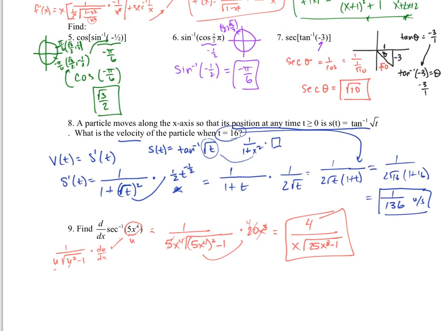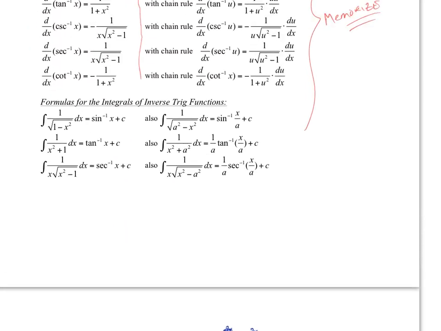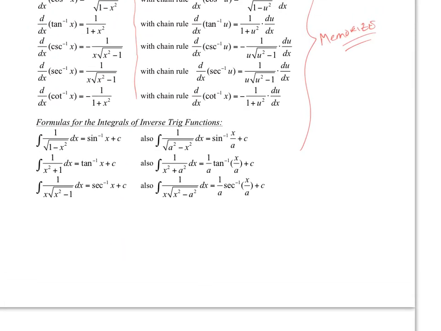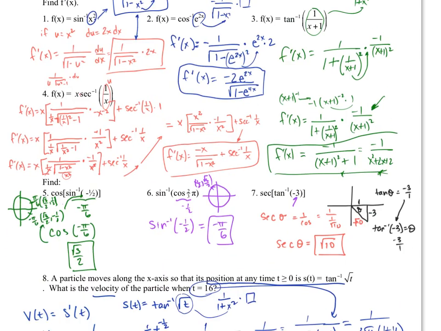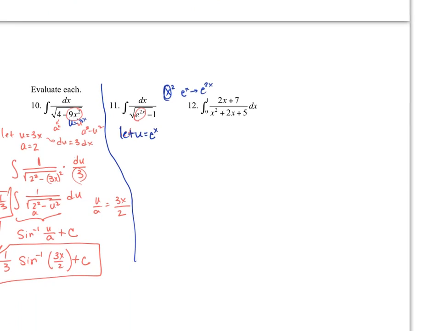Because in the formulas, we're trying to identify what the a is, not the x squared. What the x, or the u in this case, is, not the u squared. So the squared is part of the formula, so I want to identify what it would be before I square it. All right, coming back over here.